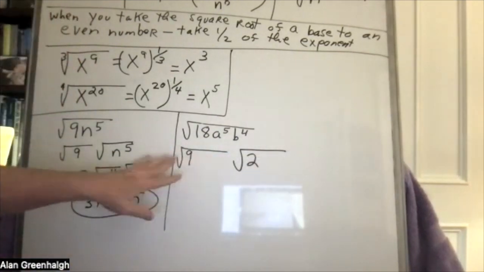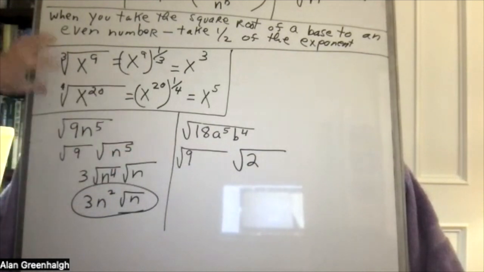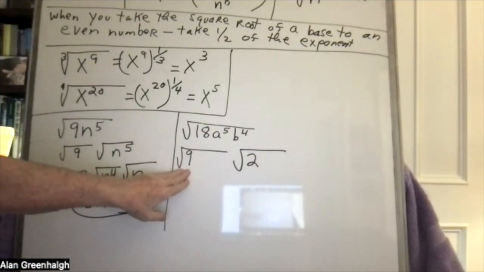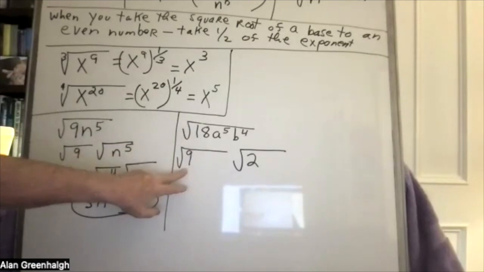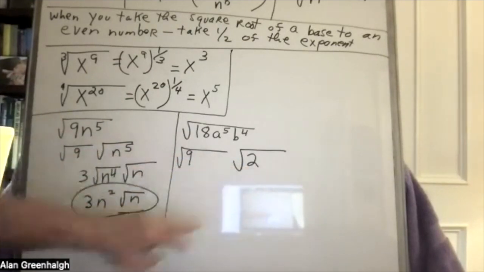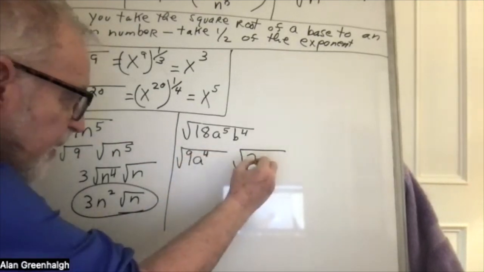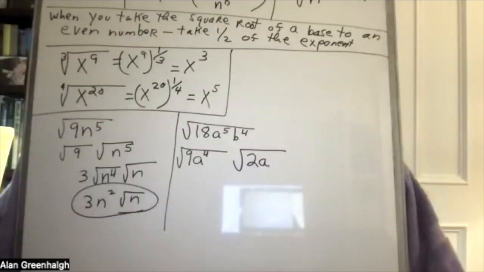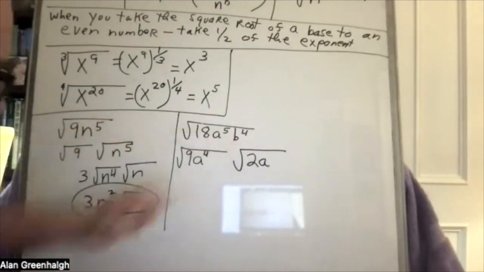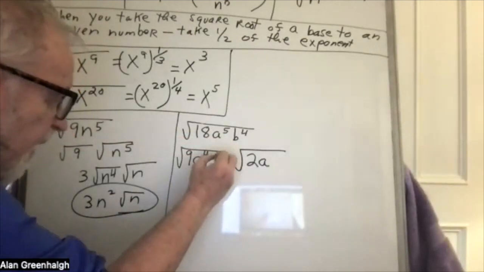This is all square roots now. Forget about third roots and fourth roots. The square root of 18, take out the perfect square.